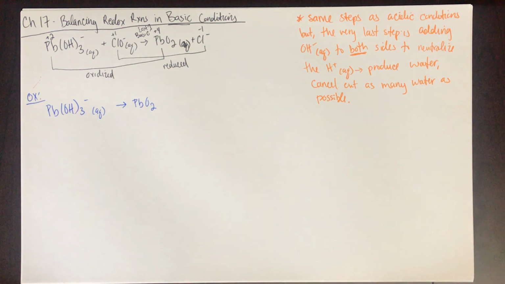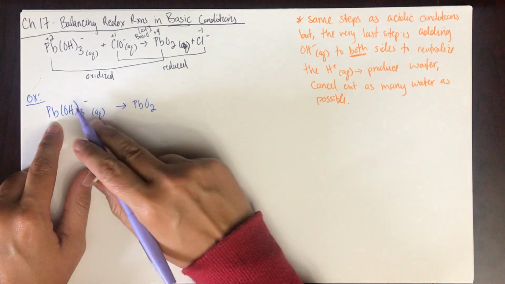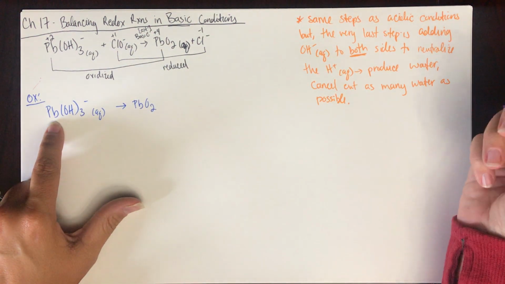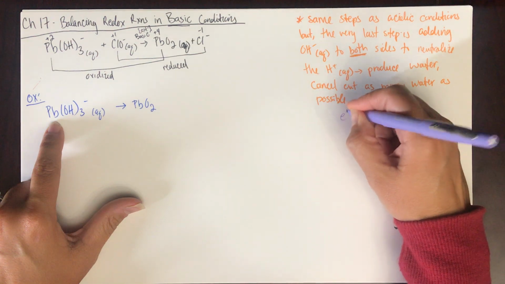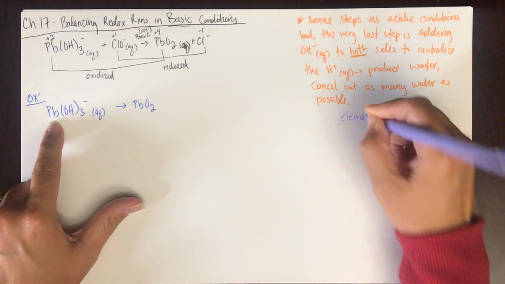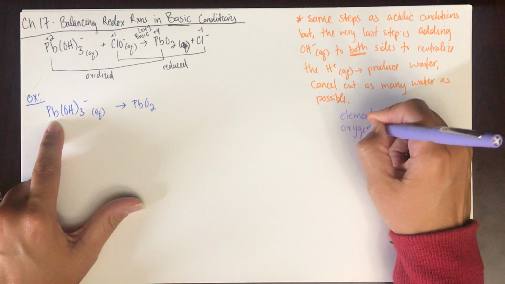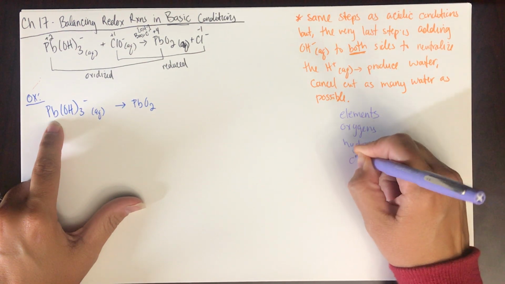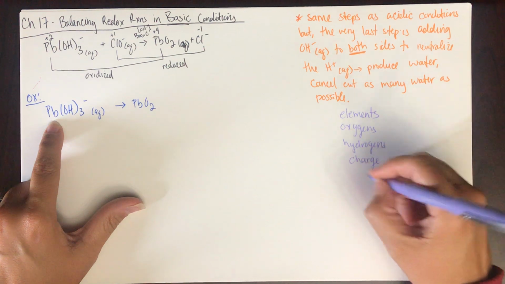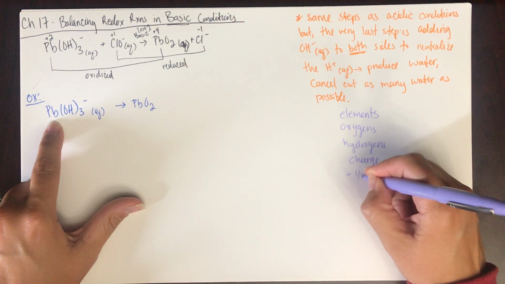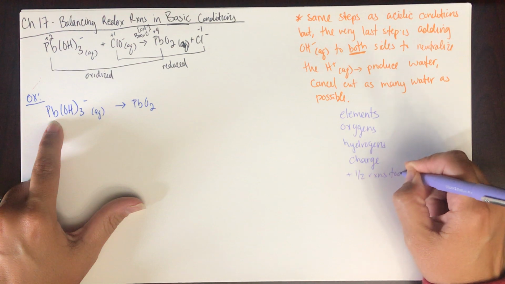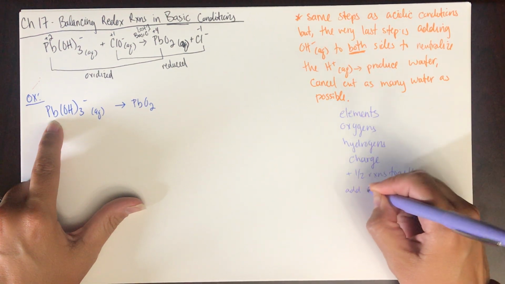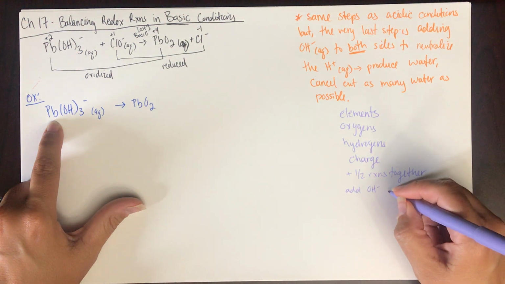Let me write out the steps over here: balance elements, oxygens, hydrogens, charge, and then add half reactions together. Then we are going to add hydroxide at the end.